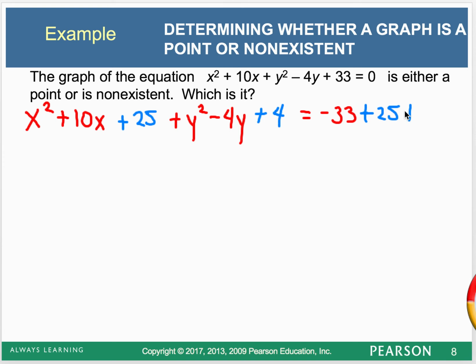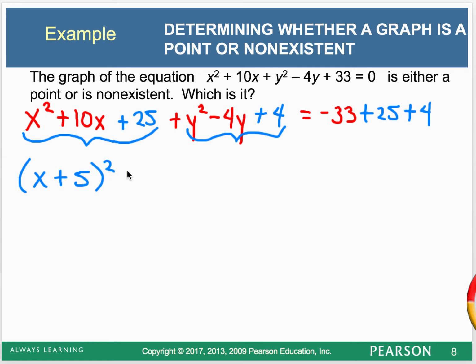Let's add that to both sides. Now, that makes these perfect square trinomials, and I know how they factor. It's going to use this sign and that first half of 10 number, so 5. This one's going to use this sign and that half of 4 number, which is 2.